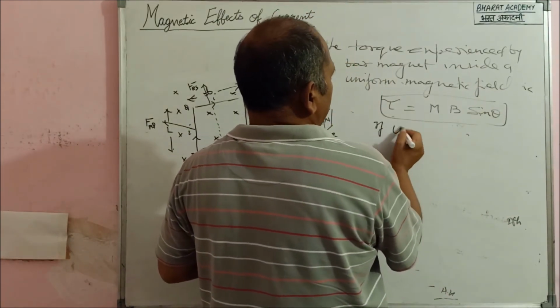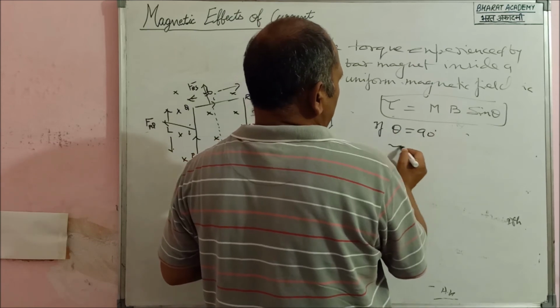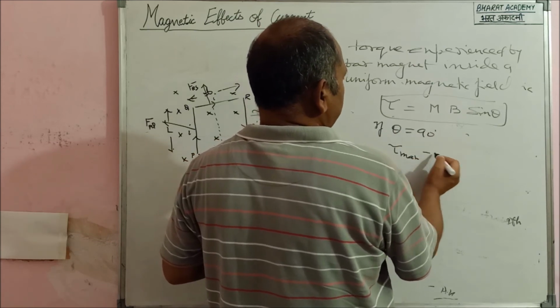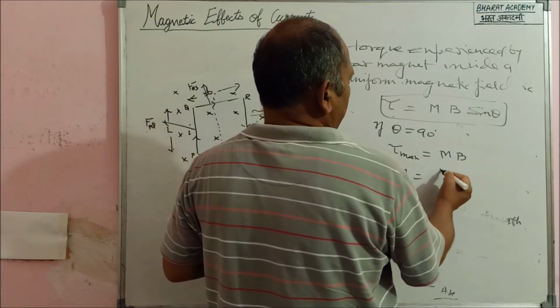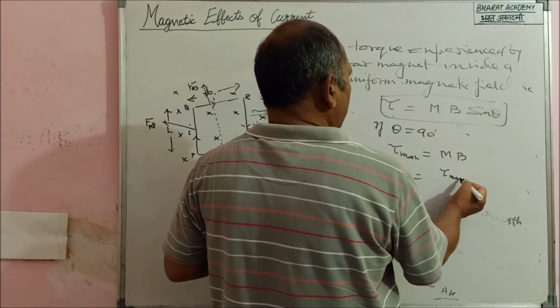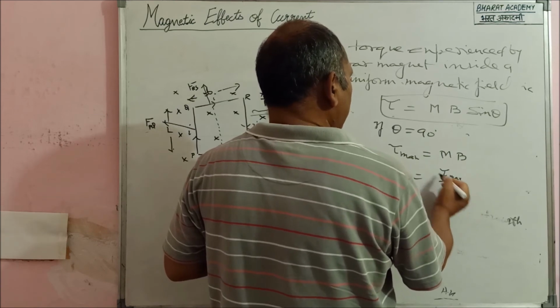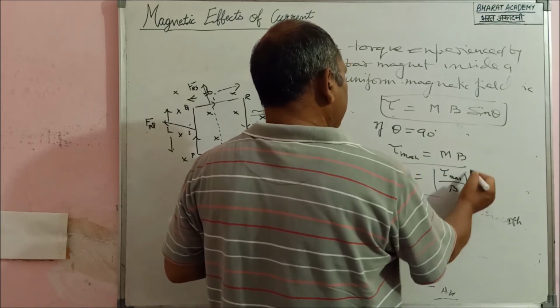If theta be 90 degrees, that is for the maximum torque, tau maximum will be M B, or M will be defined as tau max by B, right?